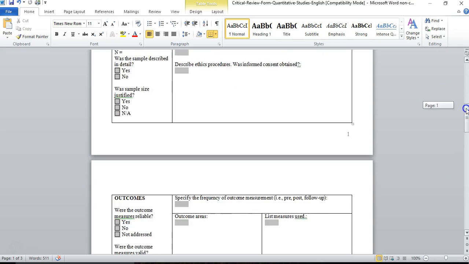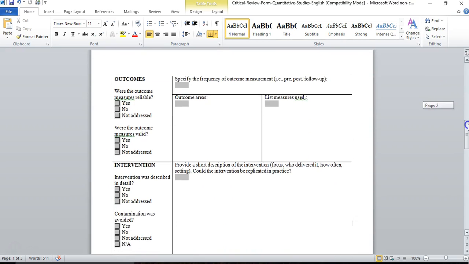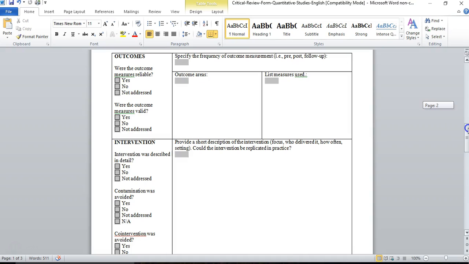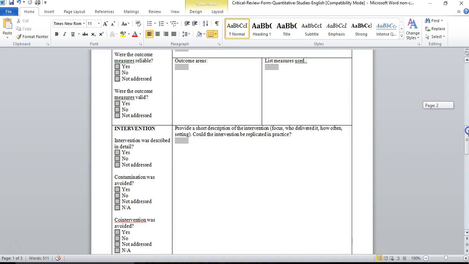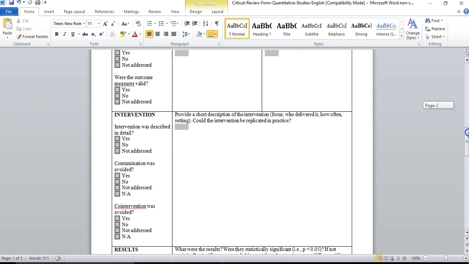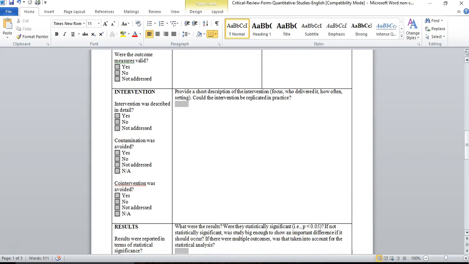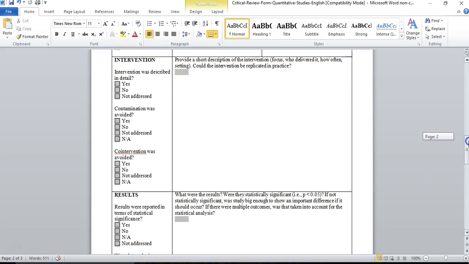Again, that'll all be within your articles that you find. Outcomes, intervention. So this would probably be one of the most important. Intervention, and a little further down, excuse me, intervention and results are probably going to be the two areas where you want to put in the most information.